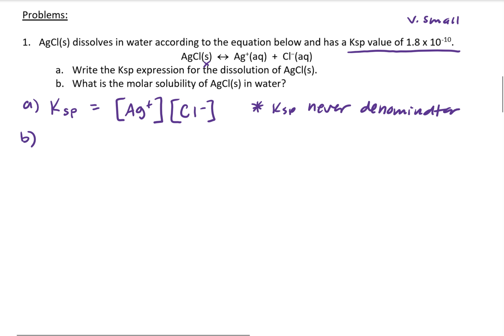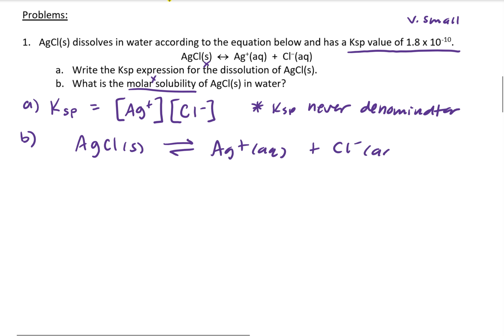Part B, they would like for us to calculate the molar solubility of the silver chloride in water. Molar solubility, remember, means solve for X from an ice chart. So we're going to start by writing our equation. So we have our reaction.